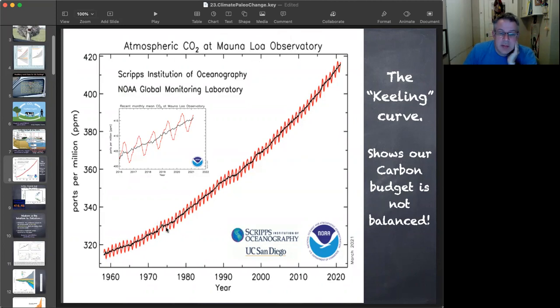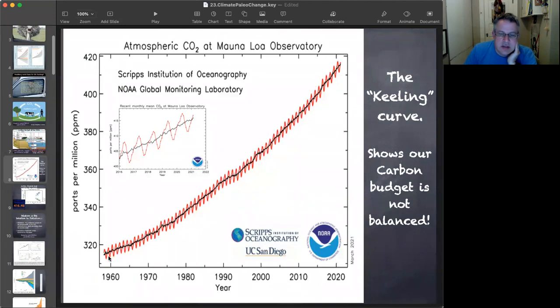And so up it goes and up it goes and up it goes. There's a seasonal cycle, which is very interesting to think about. Why there would be a seasonal cycle in carbon dioxide has to do with the breathing of the Earth system, of the biosphere. And then there's a background mean upward trend. And if anything, the trend is just accelerating.